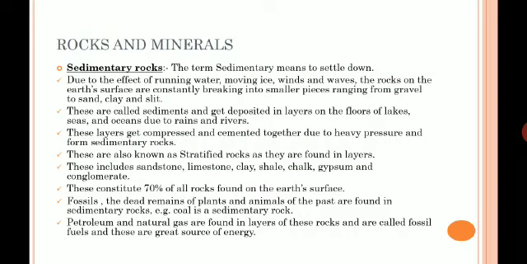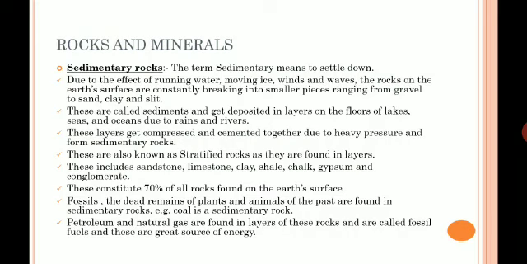Sedimentary rocks cover 70% of all the rocks found on the earth's surface. The fossils, the dead remains of plants and animals from the past, are found in sedimentary rocks. Coal is a sedimentary rock.